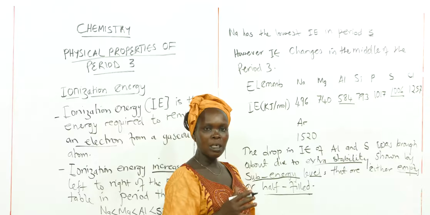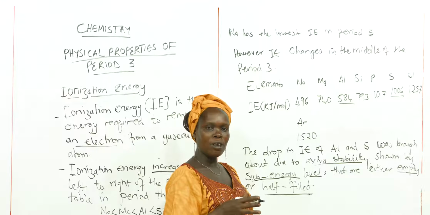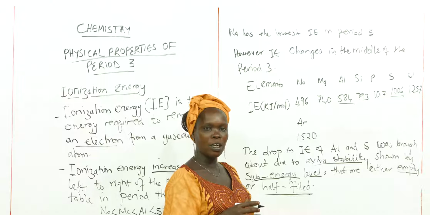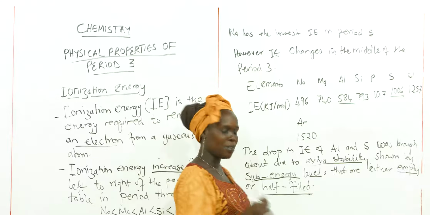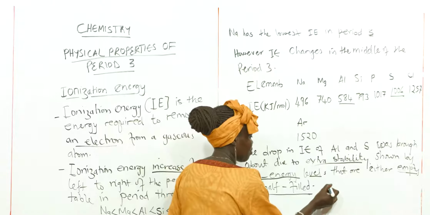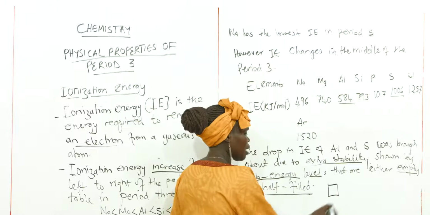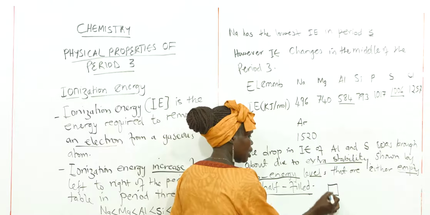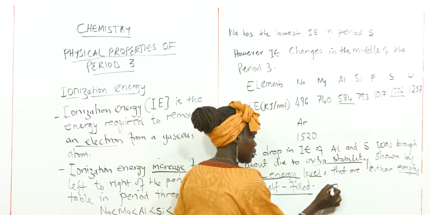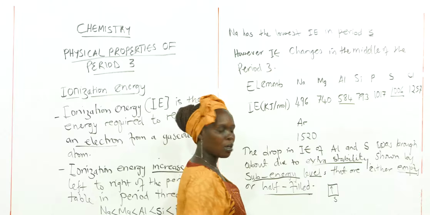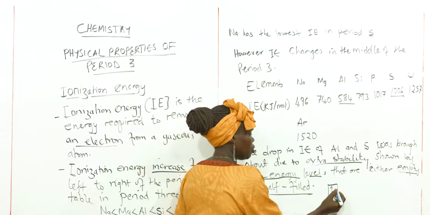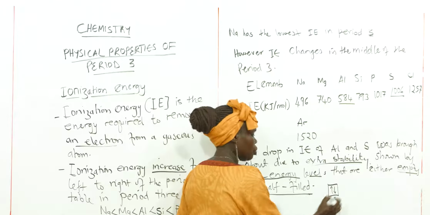So it means that the energy level or subshell, known as the orbital, is either empty or half filled. A half-filled subshell, for example s, may have a single electron, which is not the rule, but it should have two electrons.